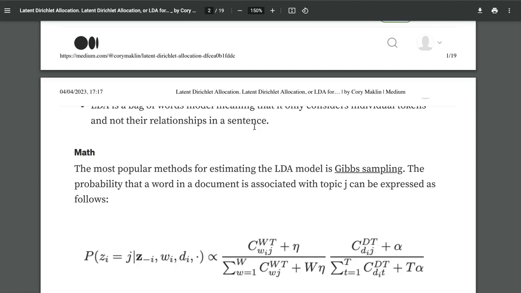Suppose you say, okay, I have only two topic classes. Then how does this algorithm work? The algorithm tries to classify each word of a document into one of these two classes.